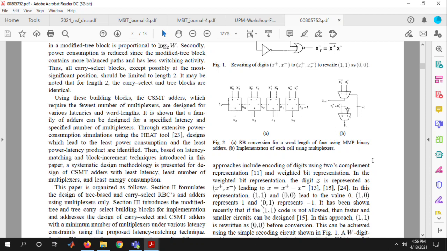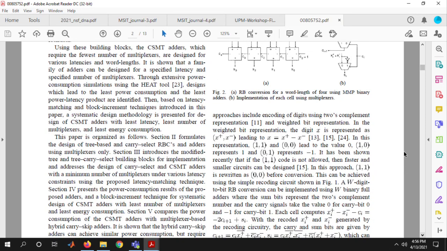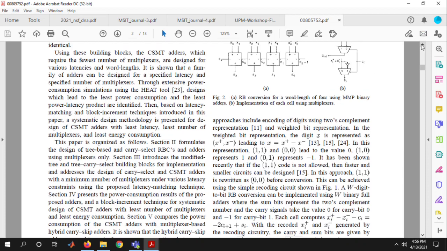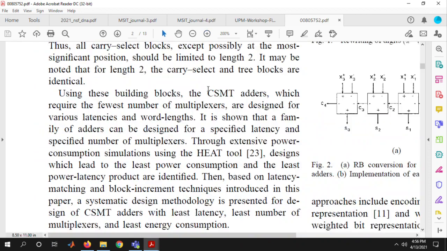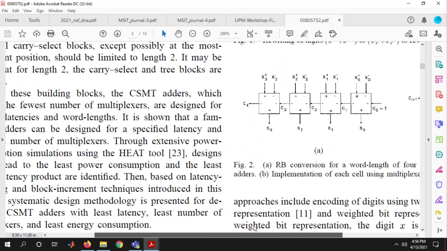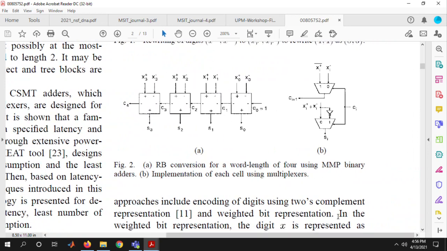Let's talk about the diagram in part B, so let me zoom out to that. Taking carry input Ci, we can get carry i plus 1 using a multiplexer here, similar to the PG logic that I showed.